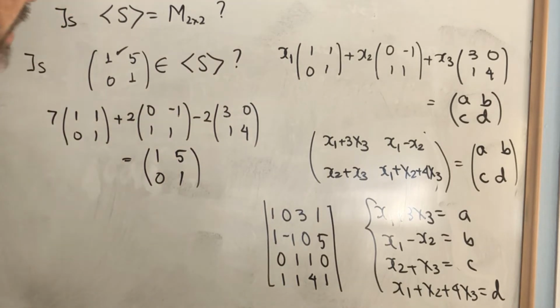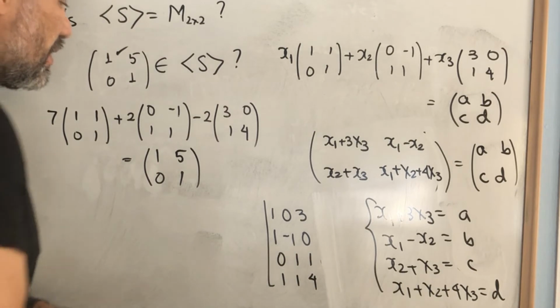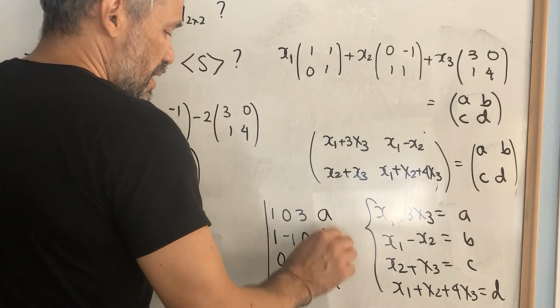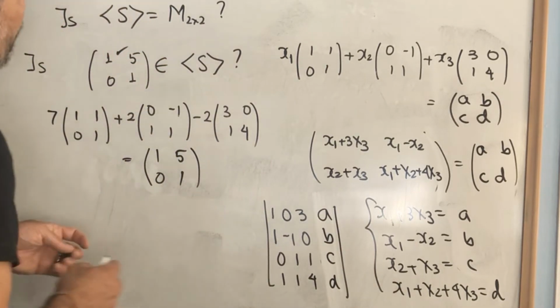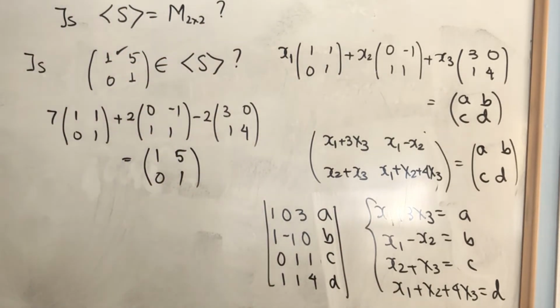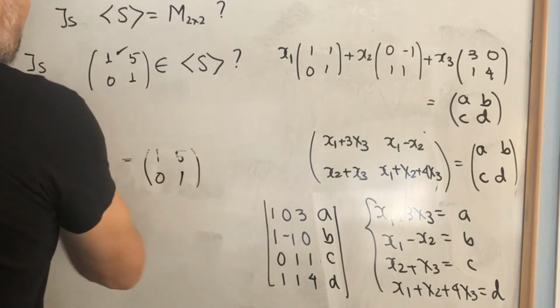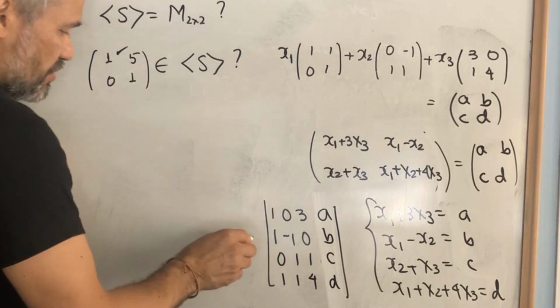Instead of this 1501, we will get A, B, C, and D. But then we can do this by hand. Let me erase this part, and let's do row reduction in this direction.